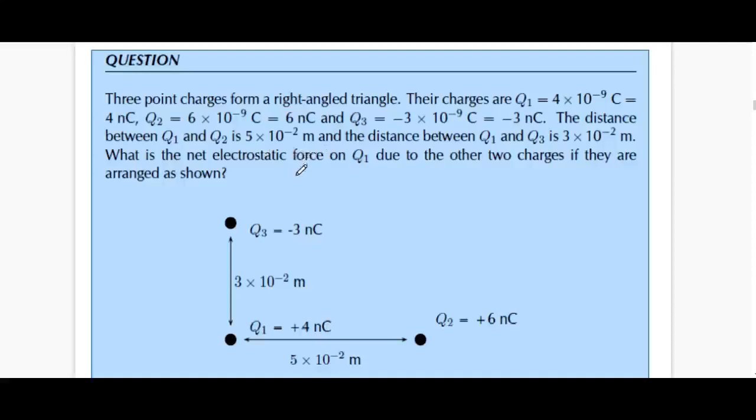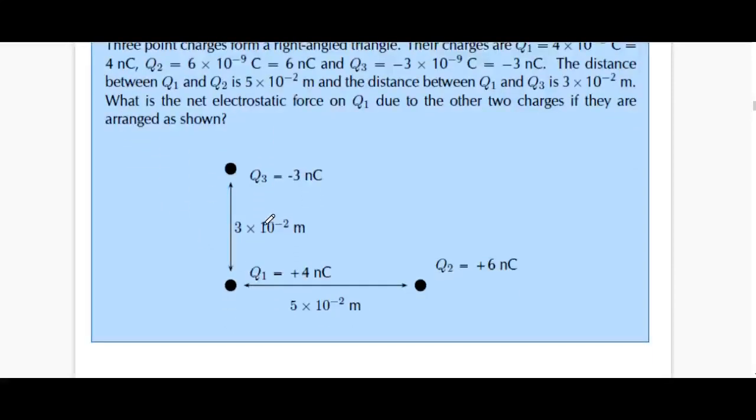The distance between Q1 and Q2 is that, and the distance between Q1 and Q3 is that. What is the net electrostatic force on Q1 due to the other two charges if they are arranged as shown?